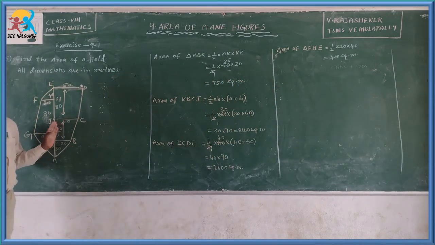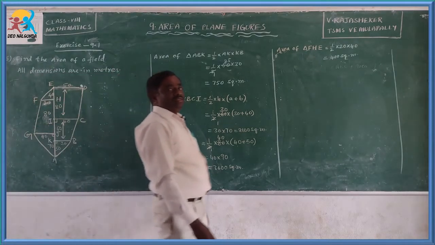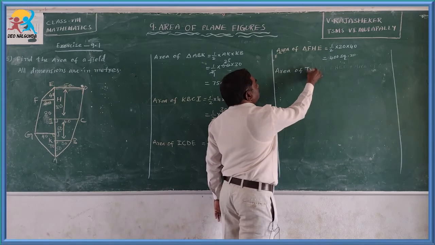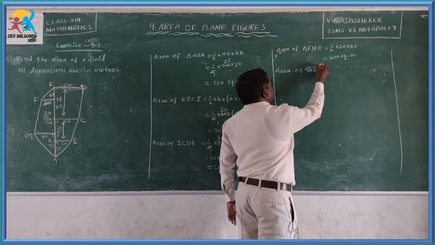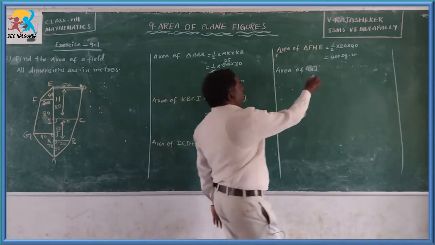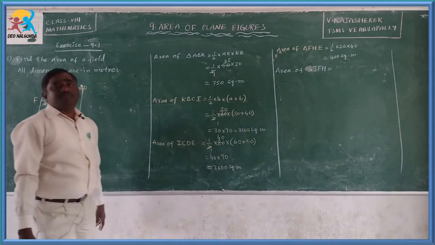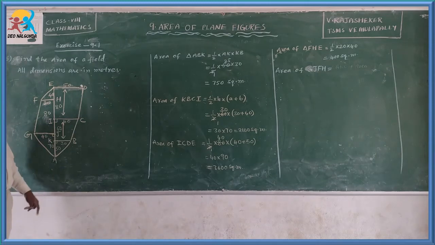Next, let us find the area of this trapezium GJHF. We know the formula: half into distance between the two parallel sides into sum of the lengths of the two parallel sides.